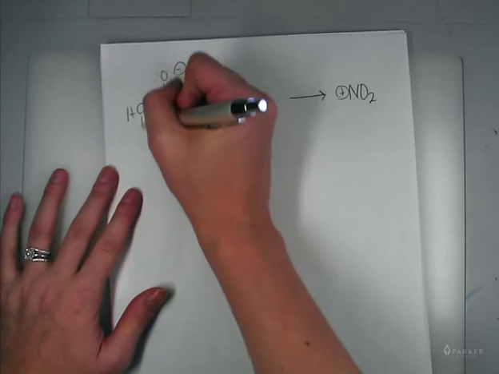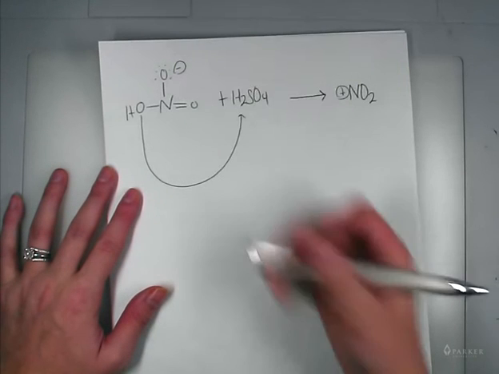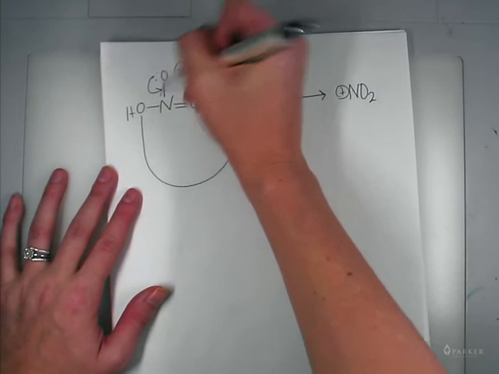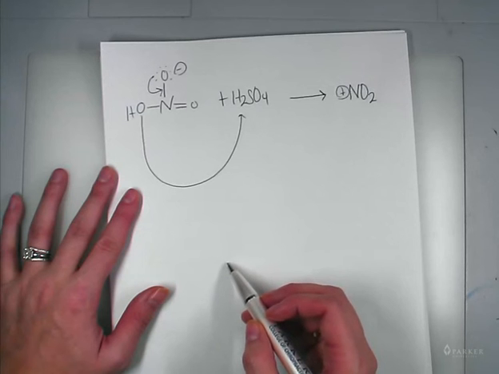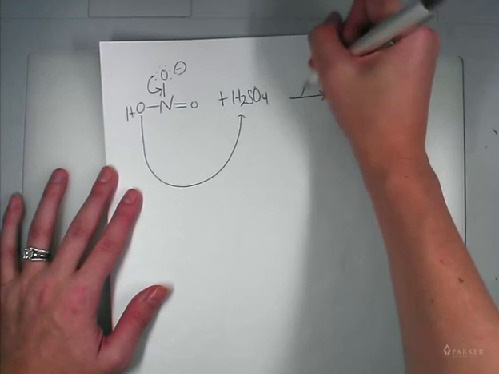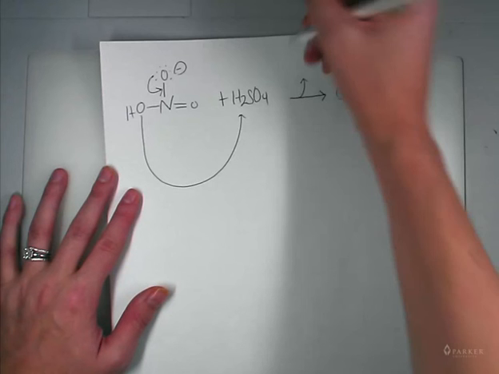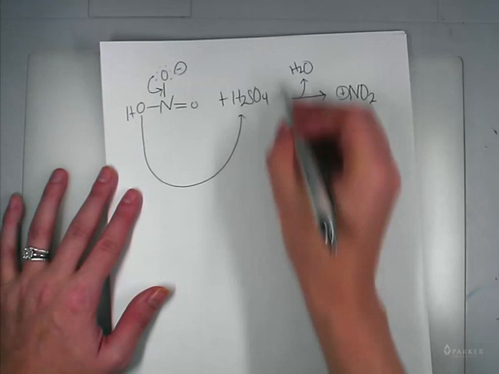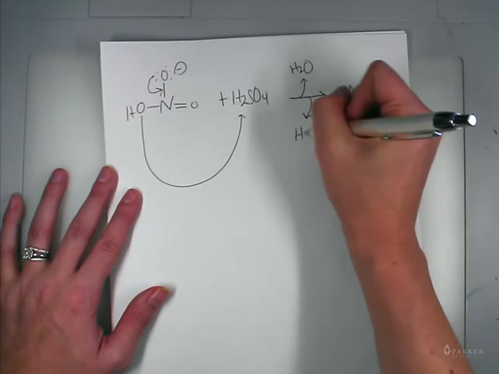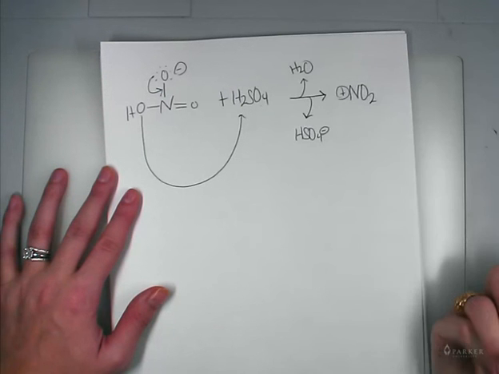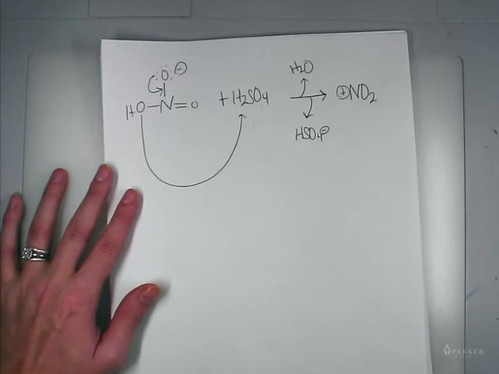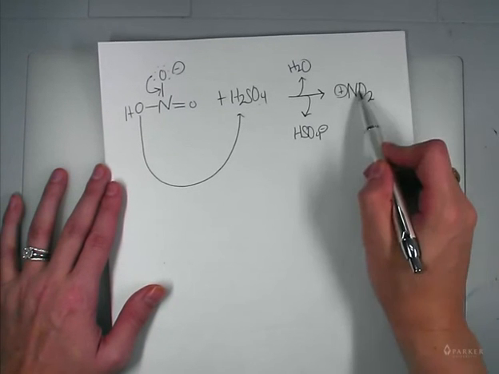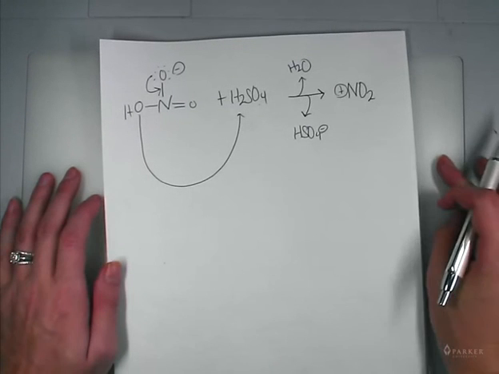So my alcohol is going to grab a hydrogen, and at the same time, these electrons are going to come down to form the carbonyl. And when that happens, what do we say my leaving group was? Water. And then this turns into what? HSO4 minus. And then there's the benzene part of the reaction, which is just benzene attacks this, and then benzene reforms itself.